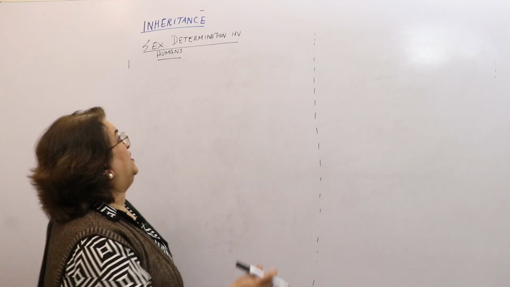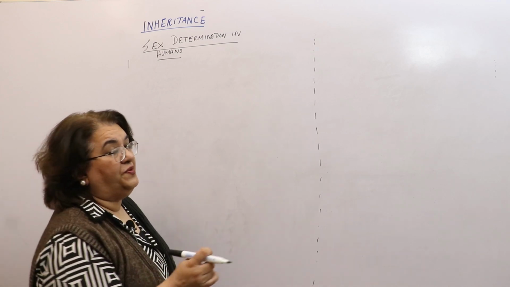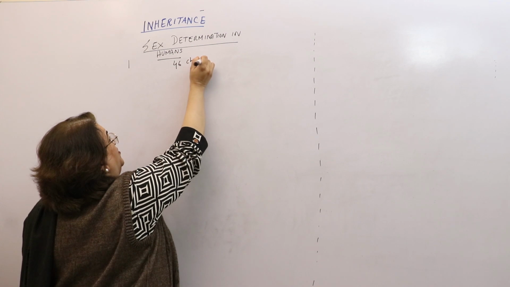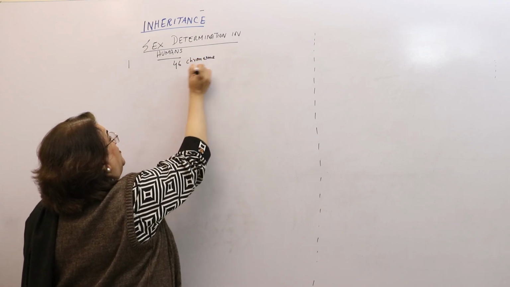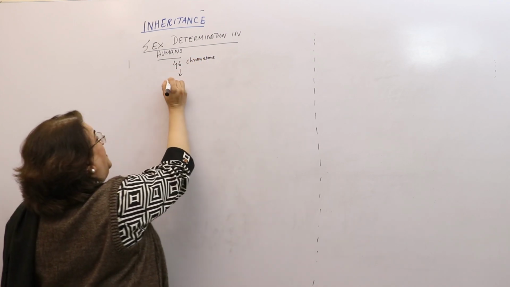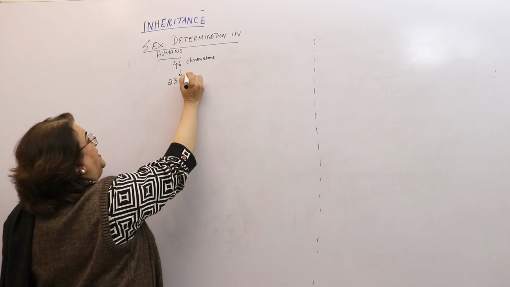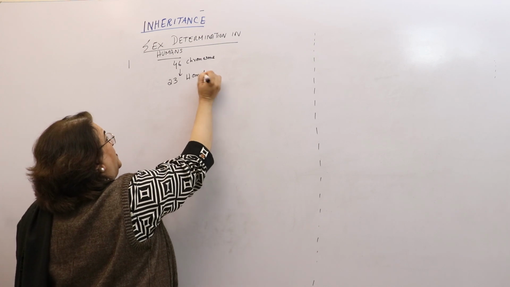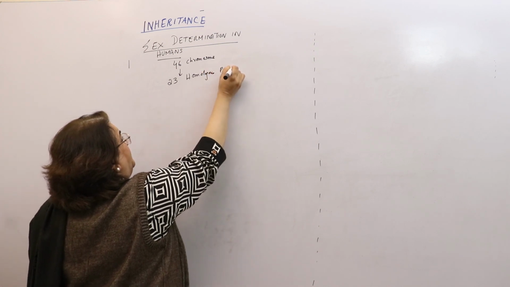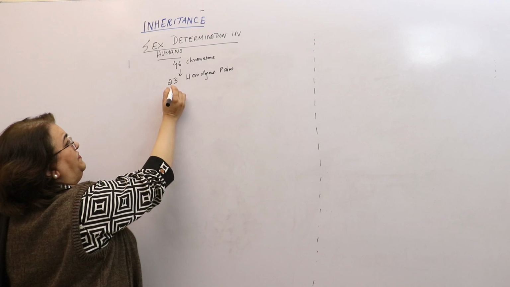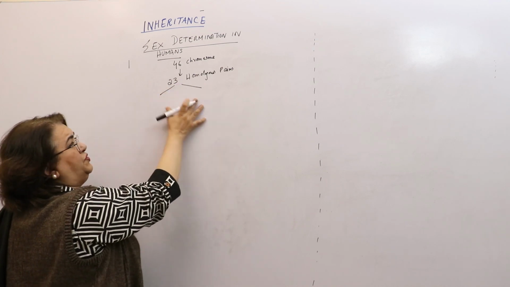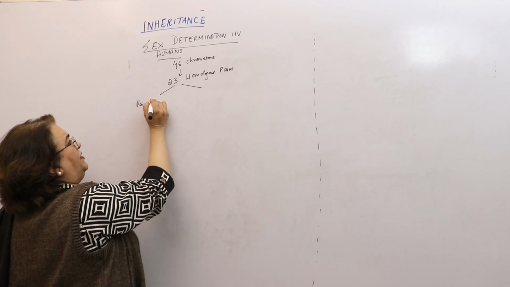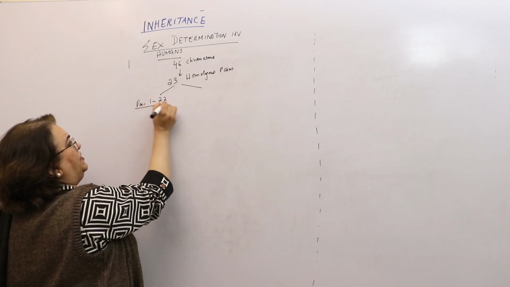So, sex determination in humans. There are 46 chromosomes present in the human nucleus, and they are arranged in pairs, so we say 23 homologous pairs. Out of these we divide them into two groups. One would be from pair number 1 to pair number 22.